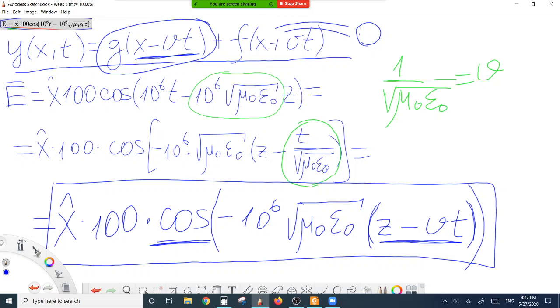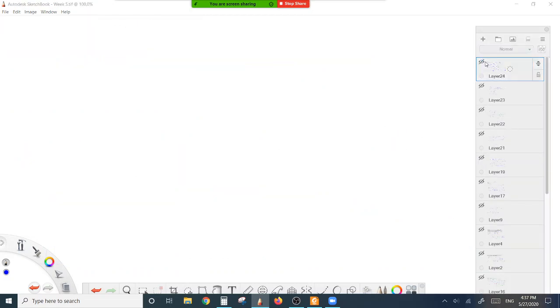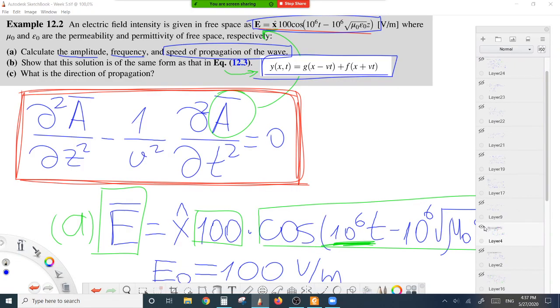Okay, and now the next question, the last question in our case: what is the direction of propagation of the wave?